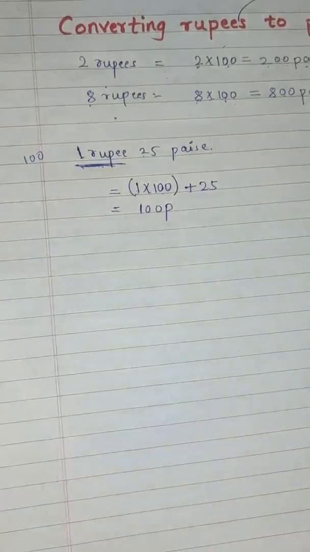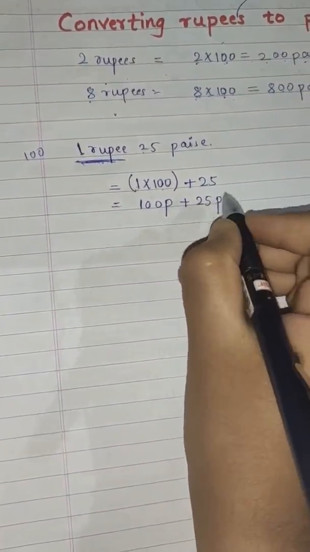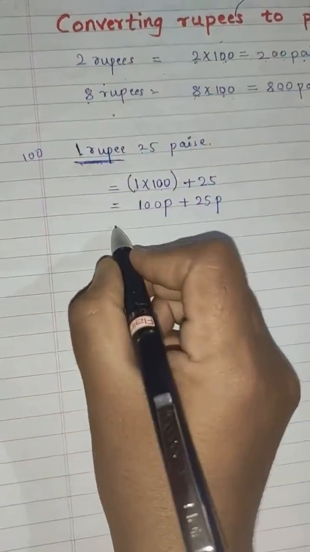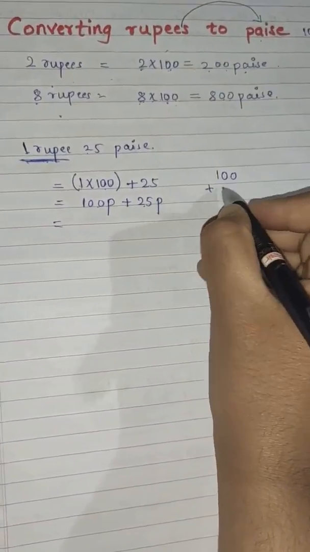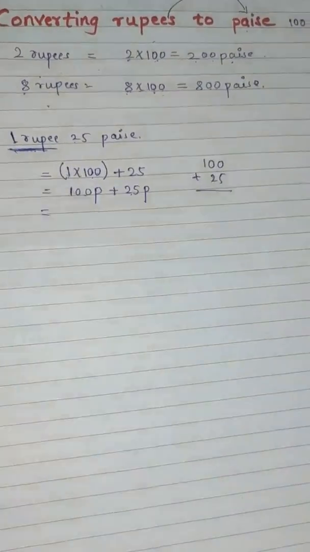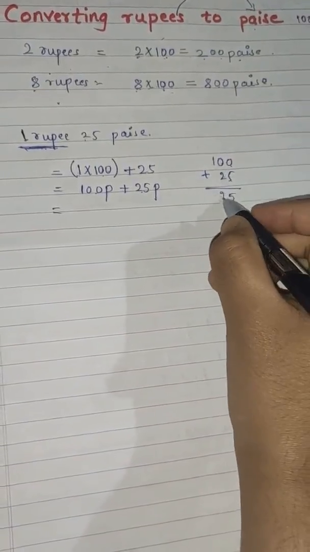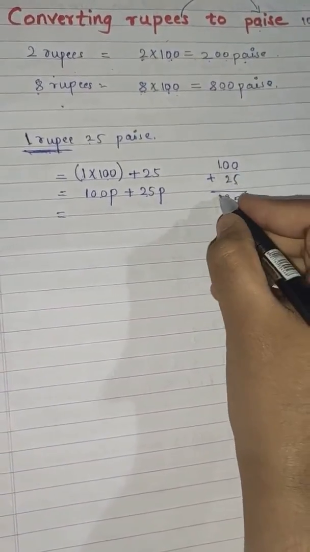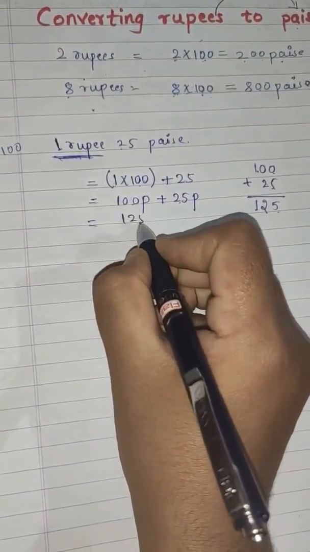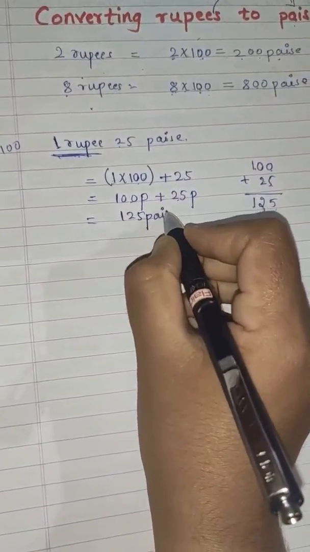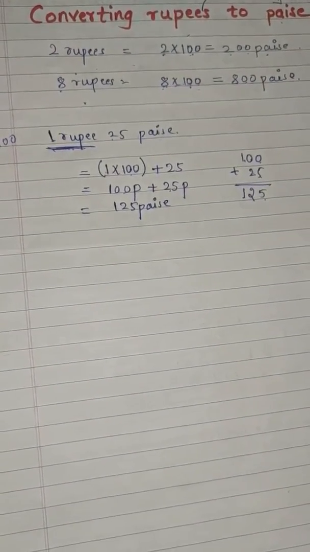We are going to write P means paise, plus 25 paise as it is. Now you have to add this 100 plus 25. So 0 plus 5, 5. 0 plus 2, 2. 1 is 1. So 125. So 125 paise. Understood, children, how to convert the rupee and paise into paise?